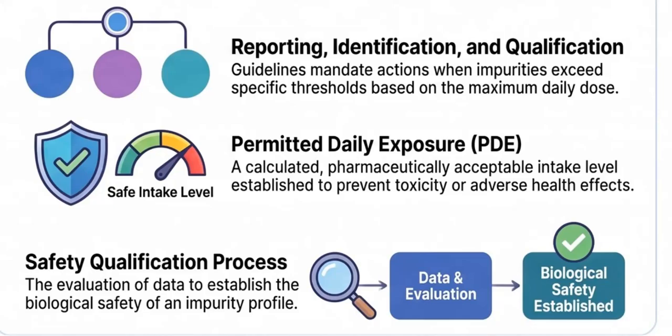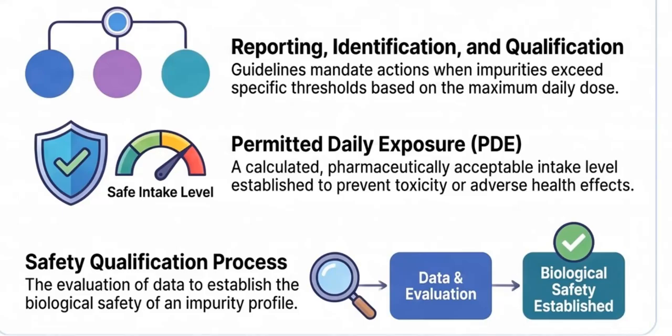3C, the safety qualification process. Finally, let us look at the safety qualification process. What happens when an impurity exceeds the qualification threshold and we need to formally demonstrate it is safe? The process follows a clear sequence. 1. Data collection and evaluation. All available data about the impurity is gathered.